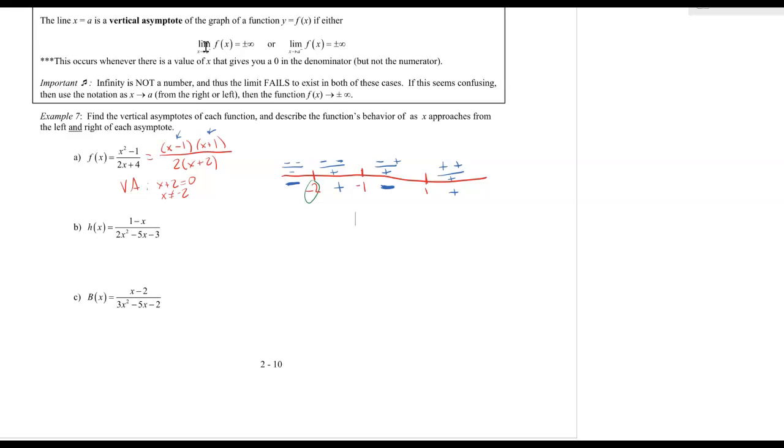So as I'm approaching negative 2 from the left, that's negative. So my limit as x approaches negative 2 from the left is going to be negative infinity. And then my limit as I approach negative 2 from the right is going to be positive infinity.